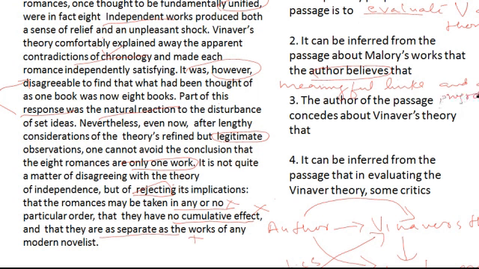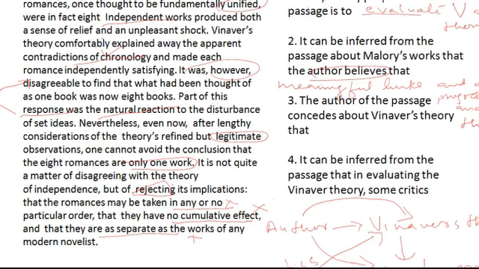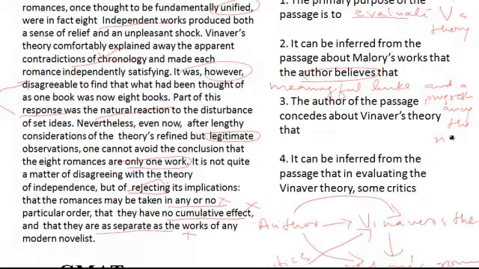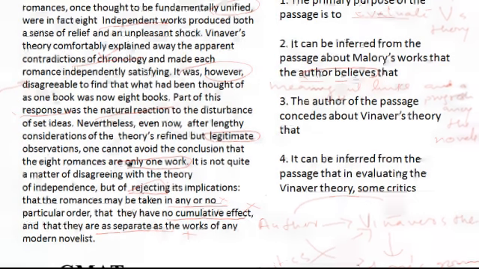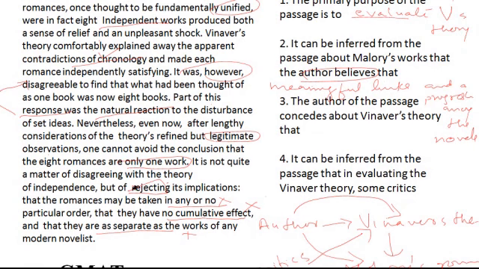I think you agree with me on that, right? Among the novels, among the romances. Okay? So we understand from here that the author believes that there is a cumulative effect and that they have a certain order. You can't take it in any other order, because he believes that it's still one work.